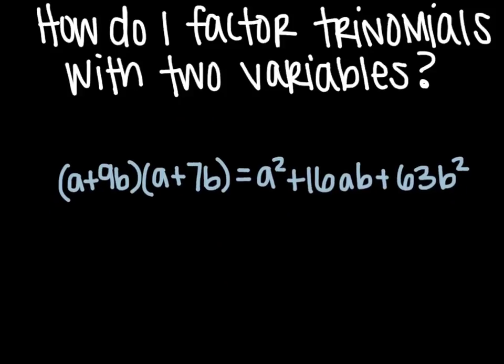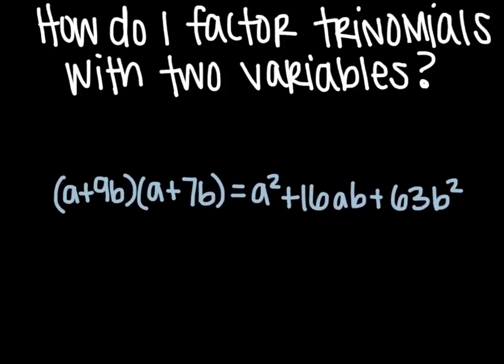How do I factor trinomials with 2 variables? If we take a look at this example problem, it'll help us reason through what's happening. Now, I showed you the final answer. I'm just going to write above this how I got the 16ab, and that would come from the 7ab plus the 9ab. So that's where that came from, in case you weren't entirely sure.